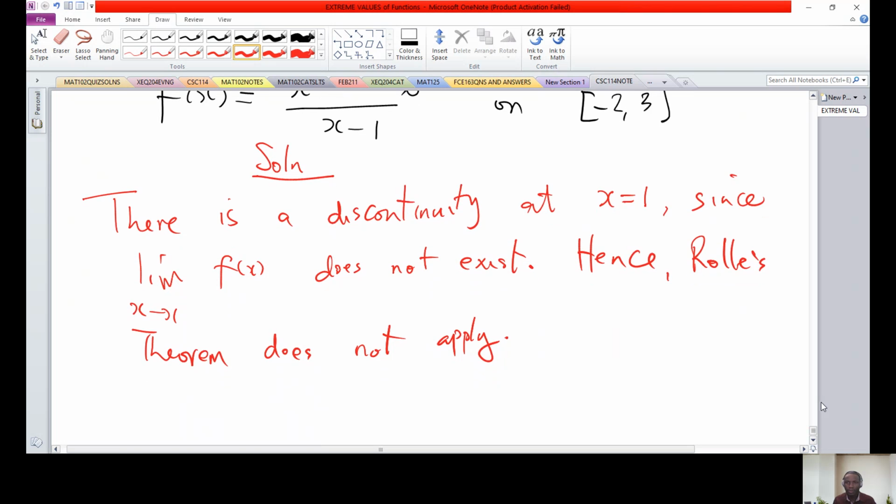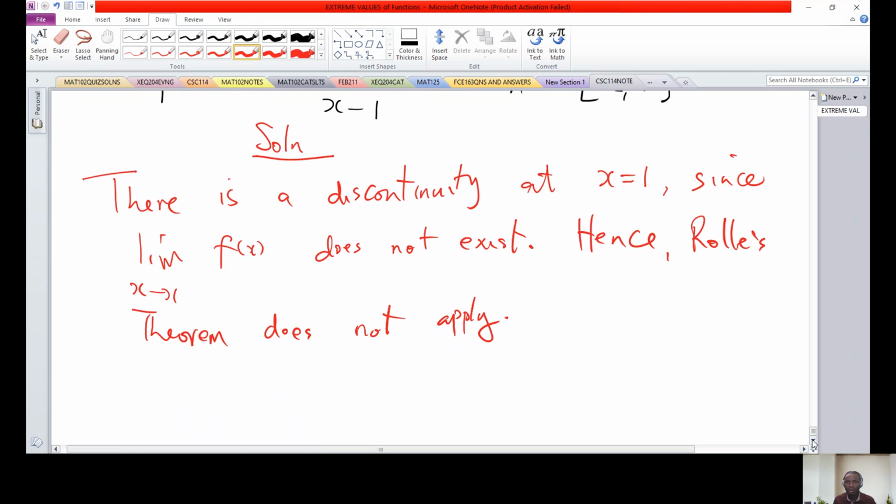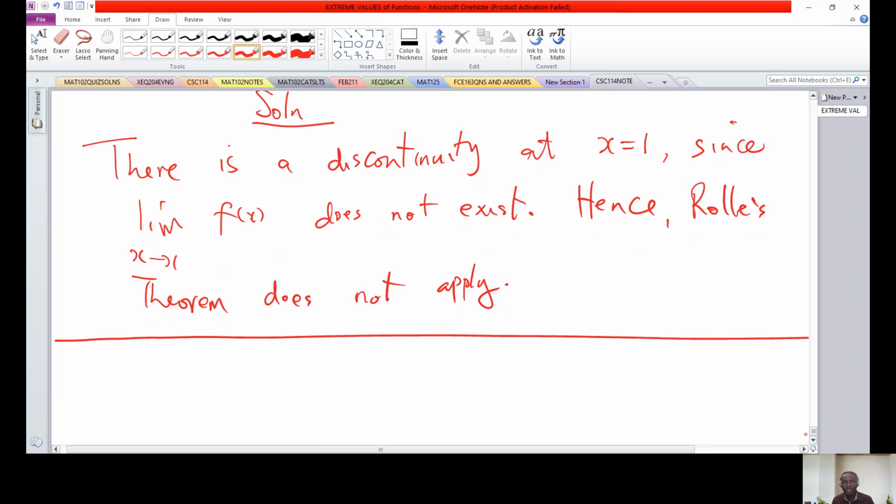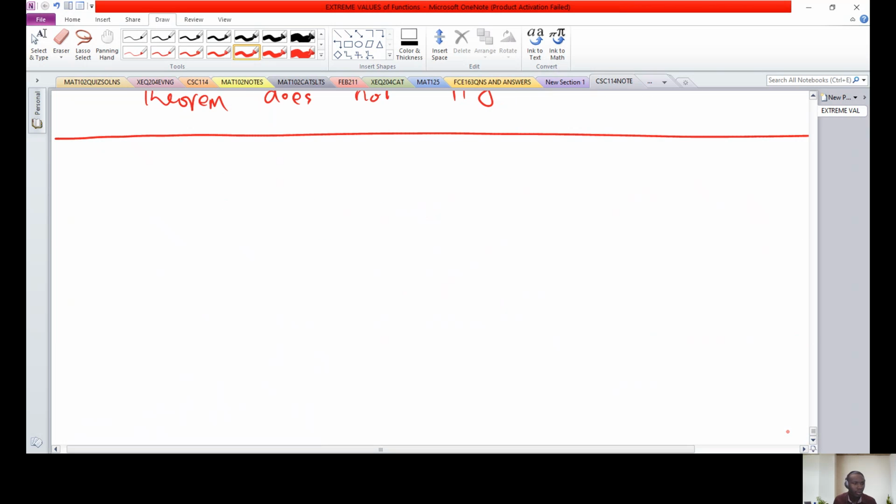We just stop at that point, because we can't go further once the first hypothesis fails. If there's a discontinuity, then it's not continuous, so not differentiable at x equals 1. So Rolle's theorem cannot apply for that given function.